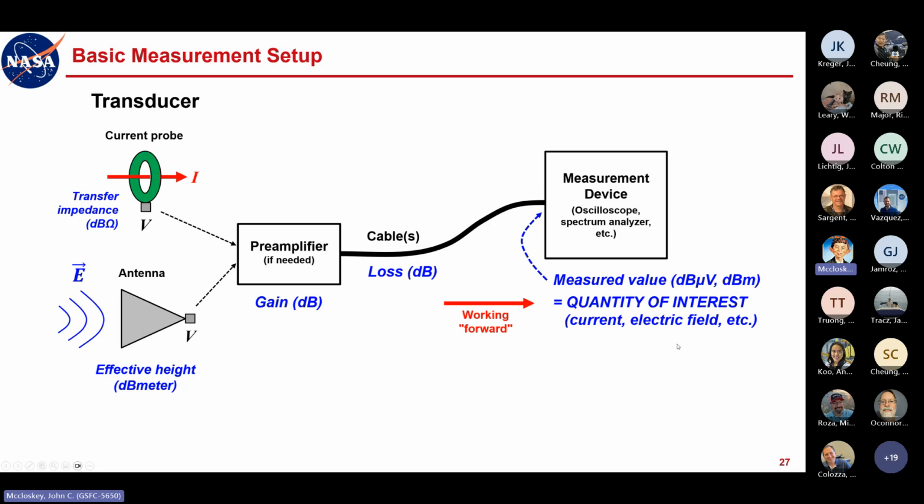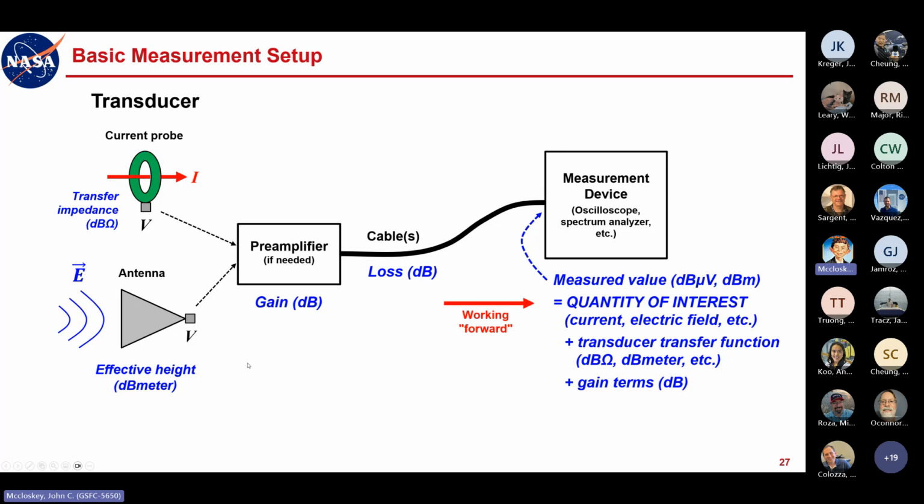So here again, I find it helpful to at least conceptually think of it in terms of working forward first. Right, you start with your quantity of interest, which is the actual current or electric field. That's the thing you're trying to measure, the thing you are measuring deliberately. Then you add the transducer's transfer function, so it would be the transfer impedance of your current probe in dB ohms, or the effective height in dB meters for your antenna.